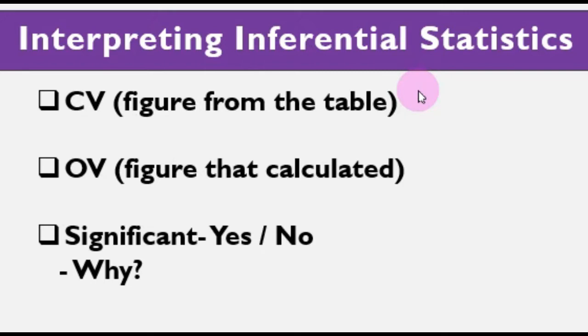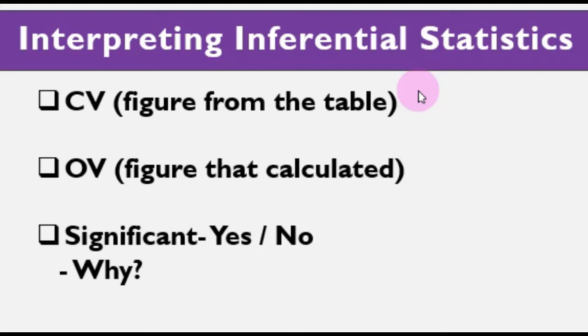So, interpreting inferential statistics. The critical value is, paano makikita yun? When you have a table and all the data. Yung observed value is the calculated value. Okay, so that is continuous. It can be continuous. Okay?